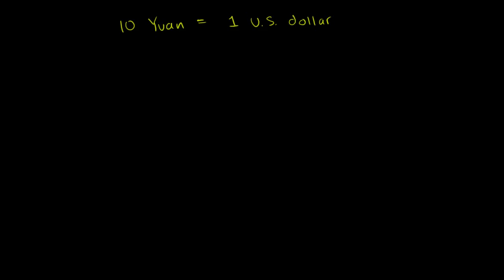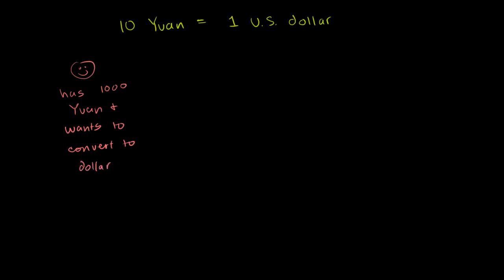But let's say we live in a reality where someone has 1,000 yuan. So let's say that this person right here has 1,000 yuan and wants to convert to dollars.